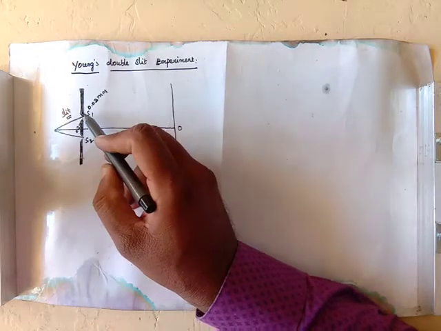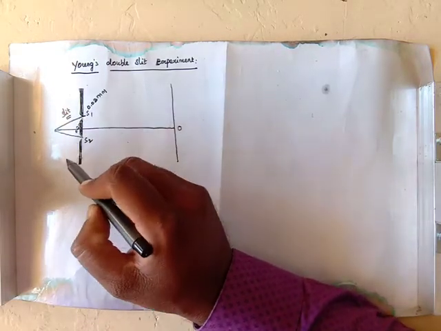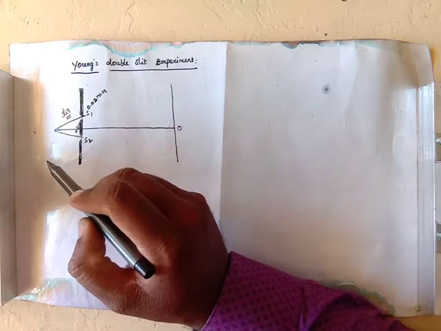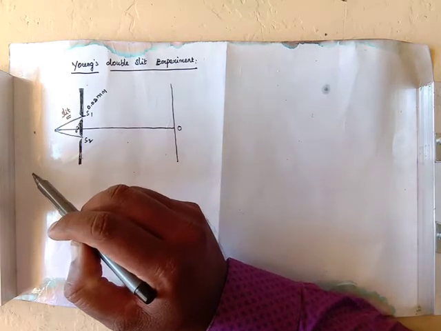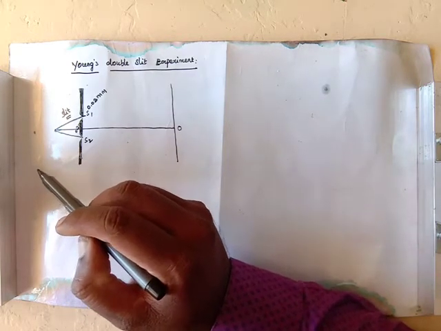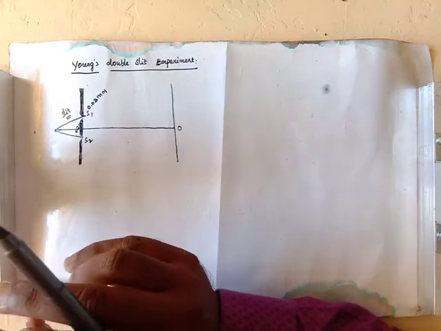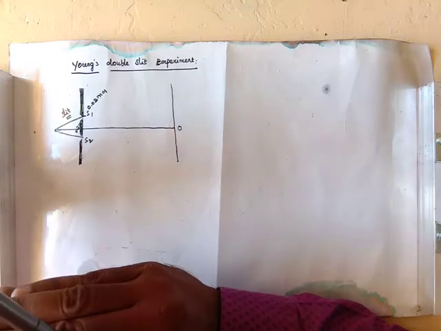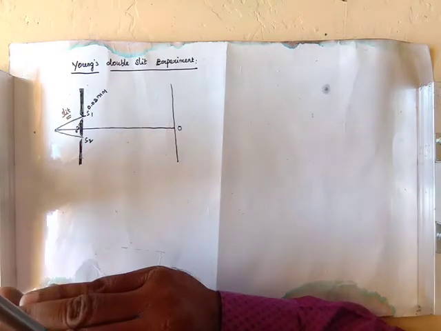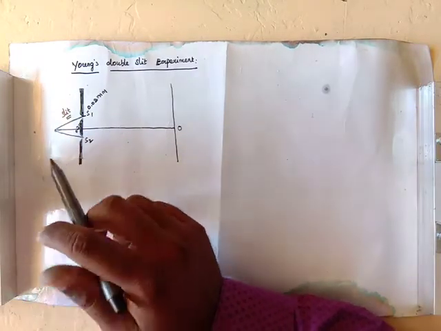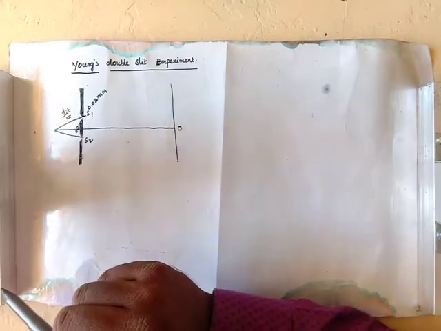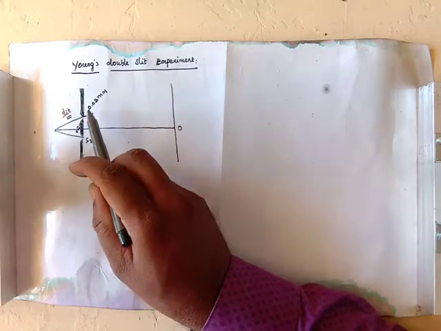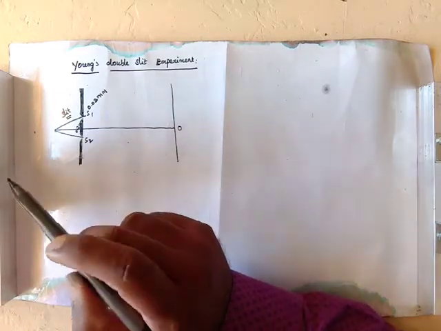The light coming from these coherent sources has the same phase and the same path difference. It has the same wavelength and the same phase difference. That type of light is called coherent sources. Here S1 and S2 give coherent sources.